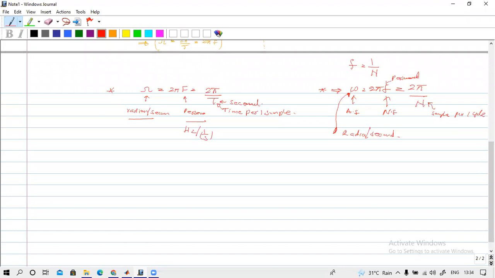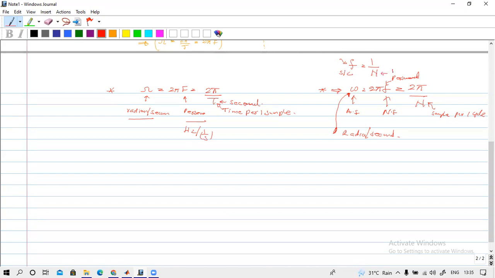So this is actually not radian per second. This omega is radian per sample, because this f is not time per one sample, it is samples per one cycle.